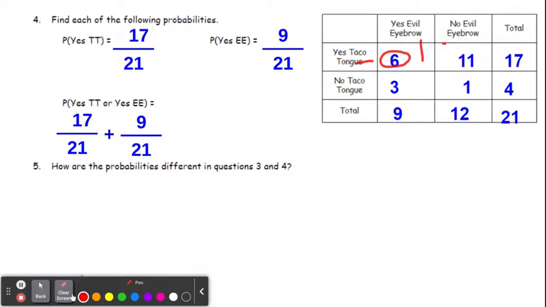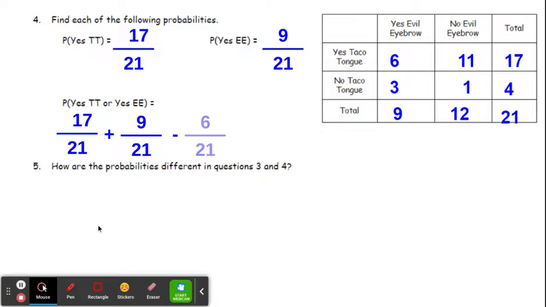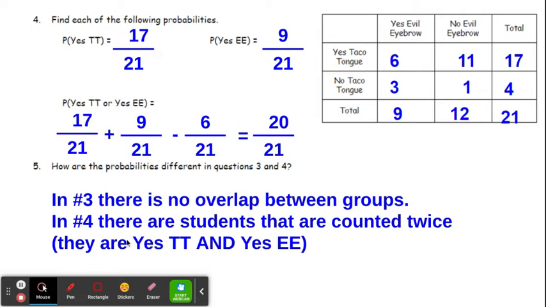So we were double counting those people. So what we need to do to correct for that is subtract 6 out of 21 so that we're only counting that group of 6 one time. And when we do that, that gives us an answer of 20 out of 21, which is okay because that's less than 100%.